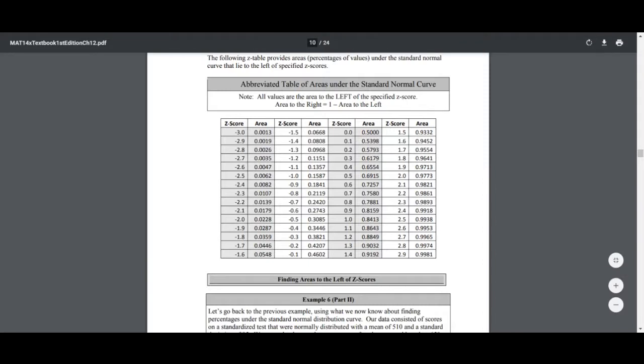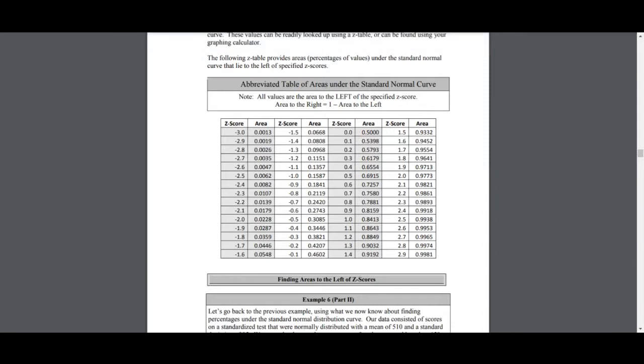Let me zoom in a bit so I don't have to keep going back and forth. You can see on the table that at negative 0.8, right here, it's in the second column, 8 rows down from the top. It's about 0.2119.